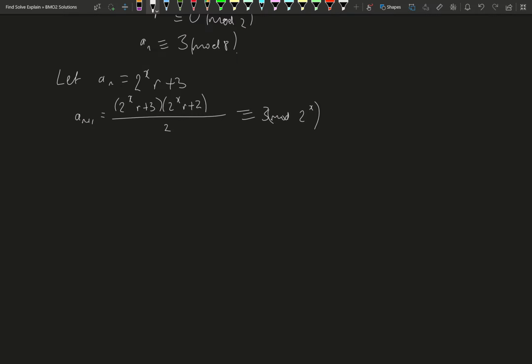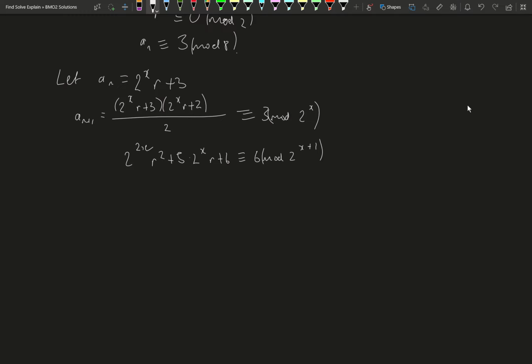Multiplying both sides by 2, we get 2 to the 2x r squared plus 5 times 2 to the x r plus 6 is congruent to 6 mod 2 to the x plus 1.